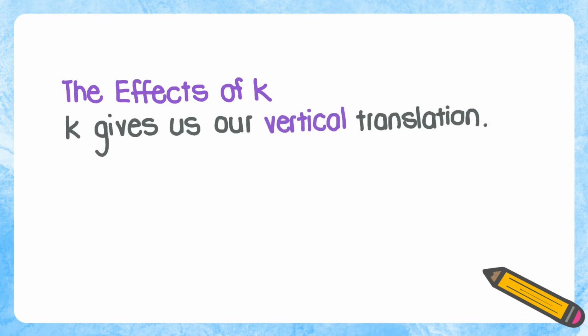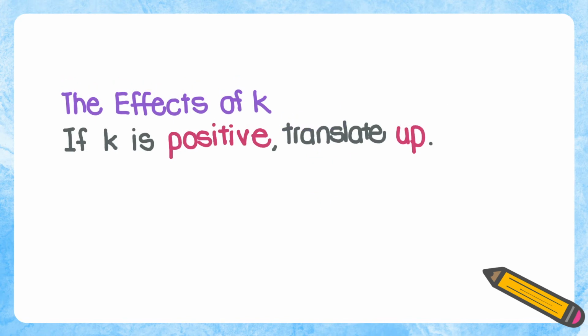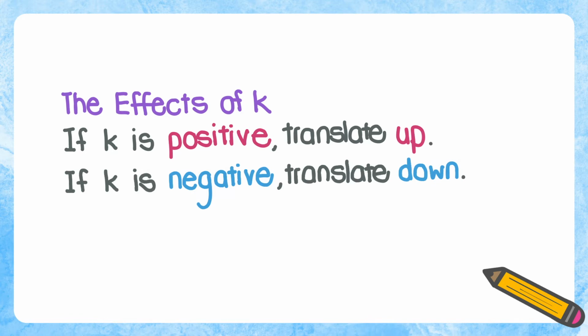k gives us our vertical translation. So it tells us whether to move up or down. If k is positive, we translate up, and if k is negative, we translate down.